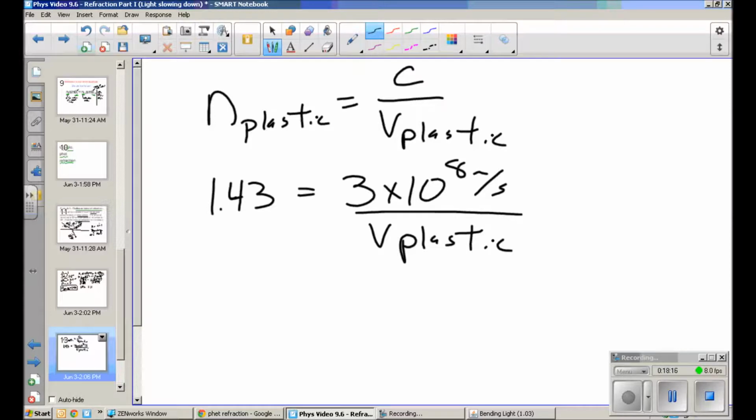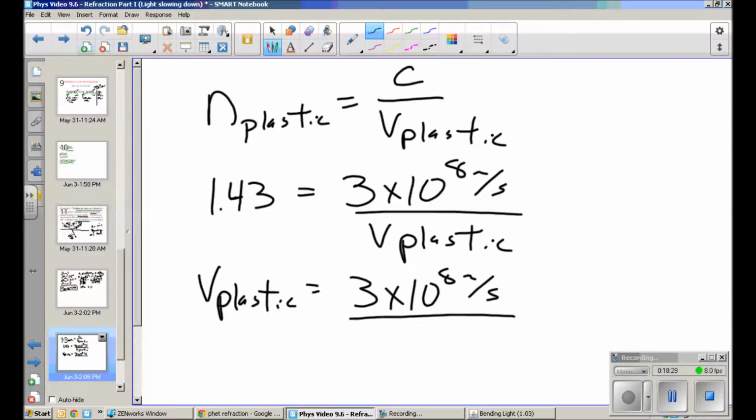So if you algebra your way through this, you end up getting this. The velocity of light in plastic is 3 times 10 to the 8th meters a second divided by 1.43. And there's nothing weird about the answer. Sorry, I was thinking it gave us something else.